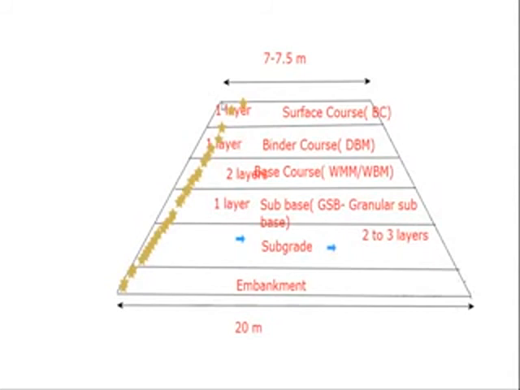Because if any failure occurs in the subgrade, the entire flexible pavement will fail. So you need to construct in such a manner that a minimum amount of water percolates inside the subgrade. Hence this layer is called a drainage layer.